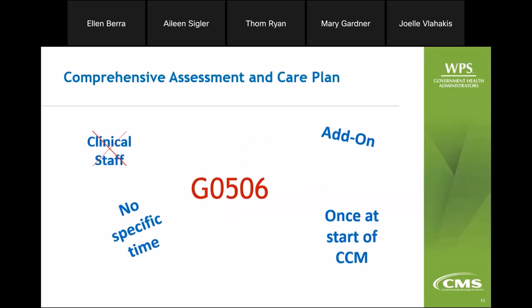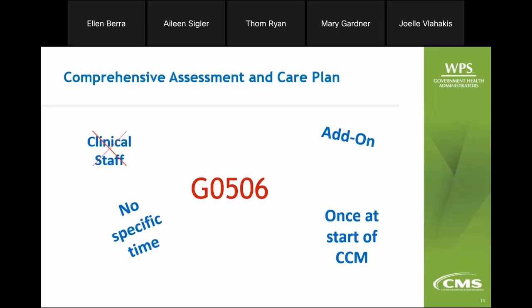The next thing that we have is discussing the comprehensive assessment and care plan. So we talked about the initiating visit, which are those services in E&M, annual wellness visit, etc., and when that has to happen. Documentation for those, again, is just like you would normally document any one of those services.